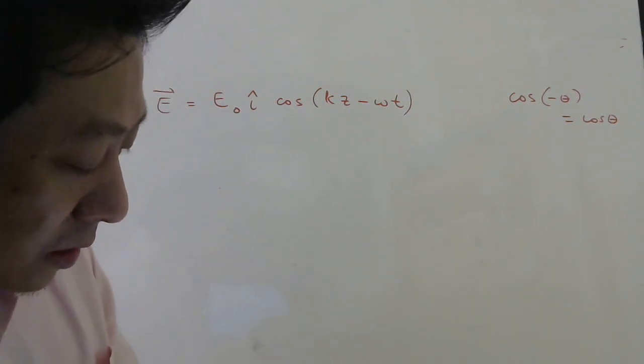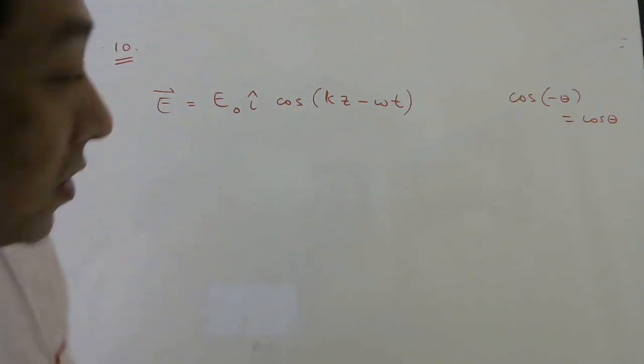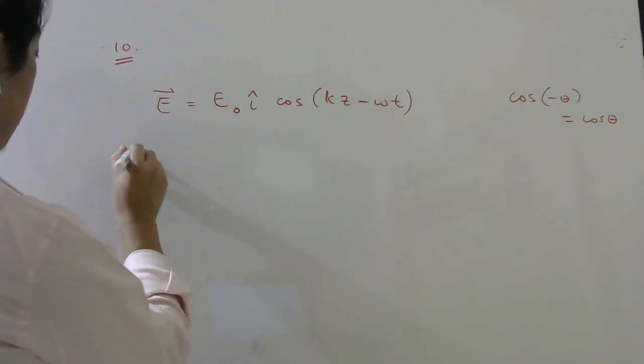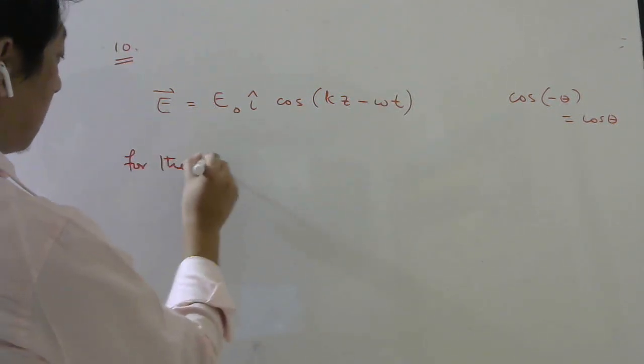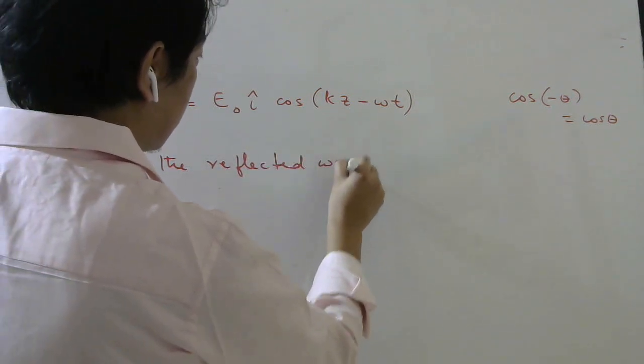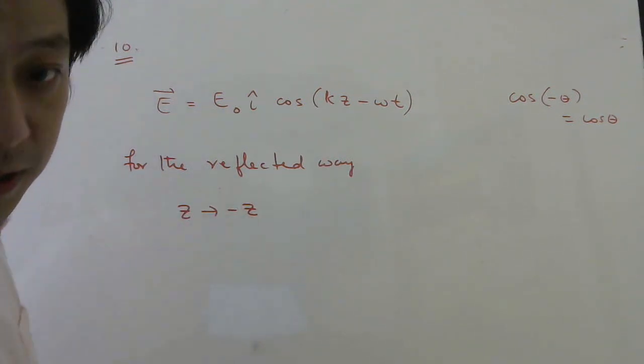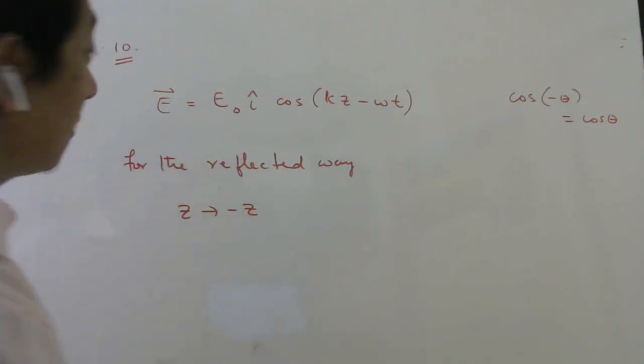So they are asking the reflected wave will be given by what equation? For the reflected wave, the first thing is that this z will be replaced by minus z. It's traveling in this direction.